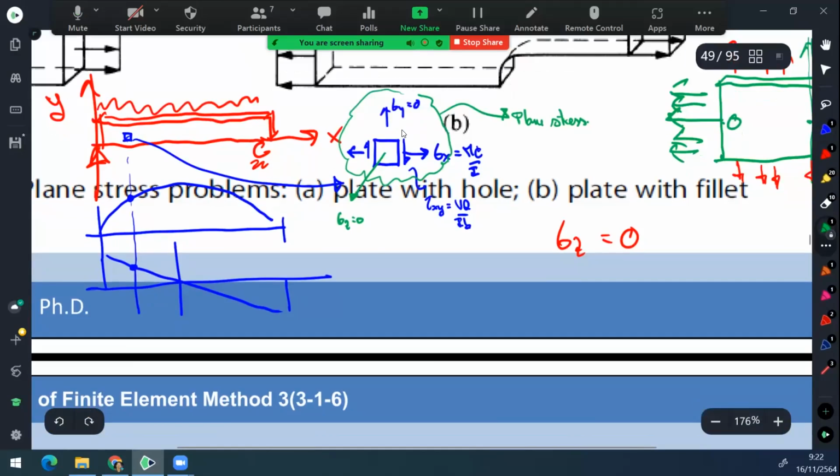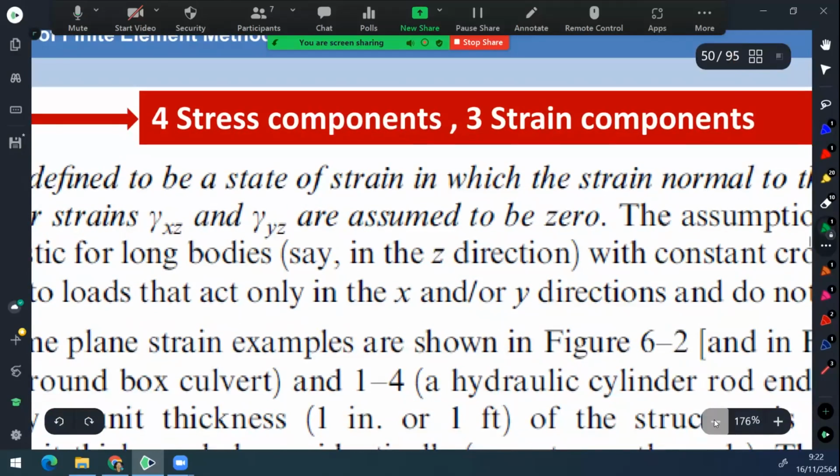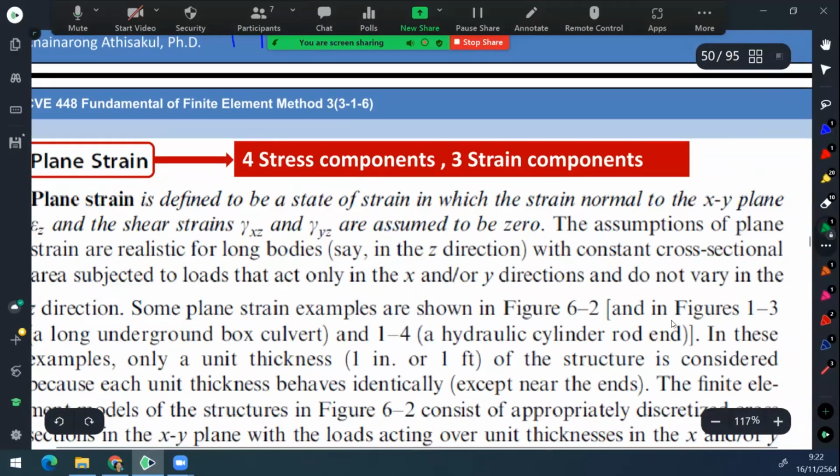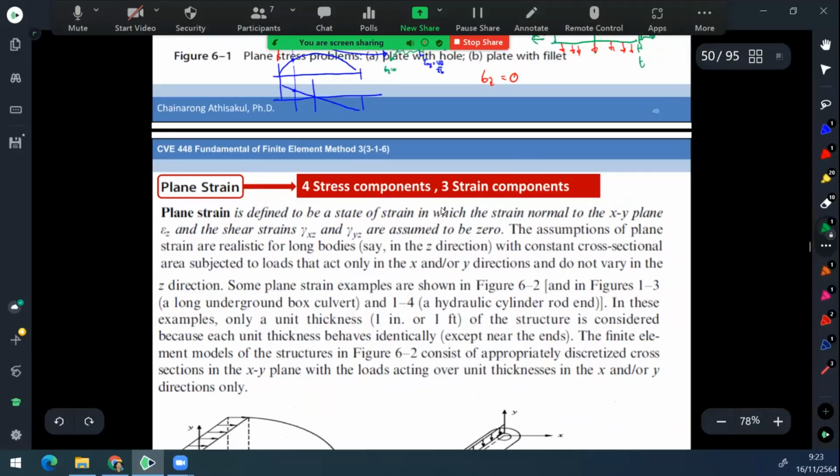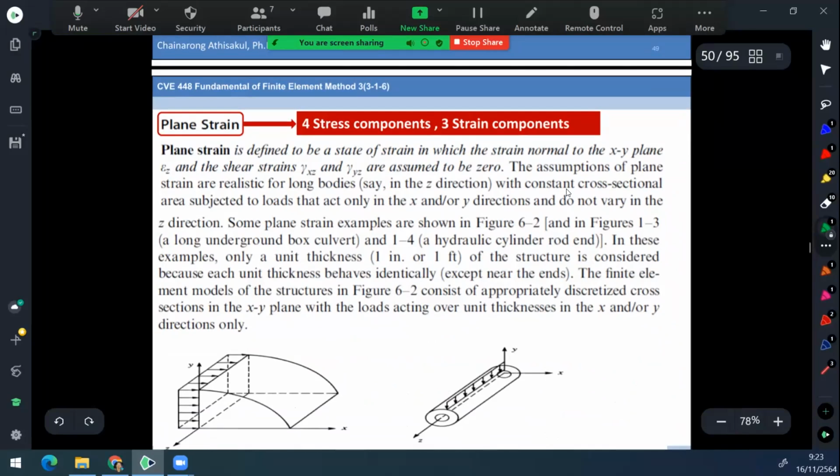Now for the other one, the plane strain problem. The definition is like this. Plane strain is composed of three strain components.